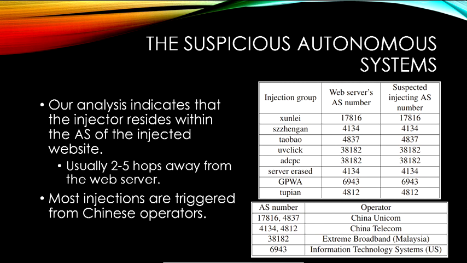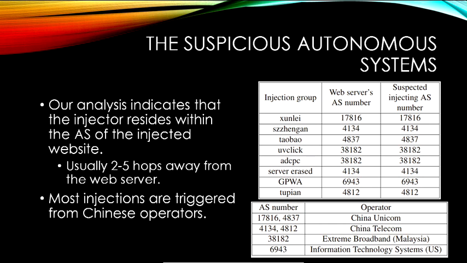That meant that in all cases, the injector resided within the autonomous system of the targeted web server, which is plausible, because when you try to alter the content of some website, you want to be as close to it as possible.